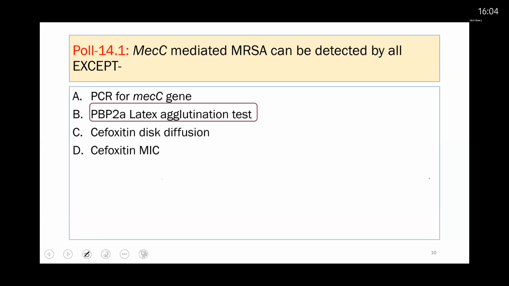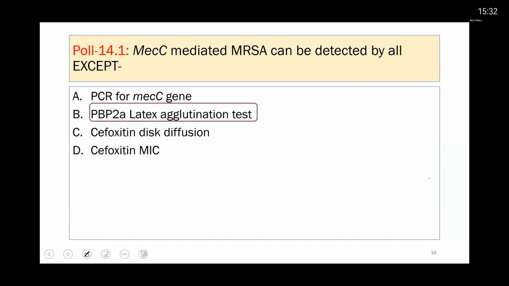Thirty seconds left. Time's up. Polling is closed down. Can we see the results?